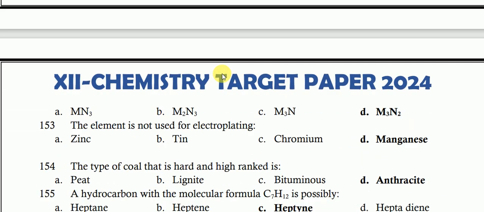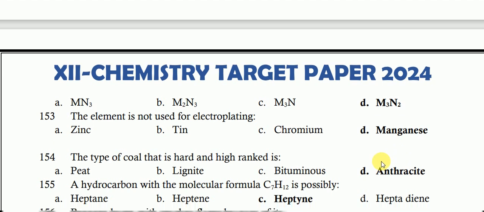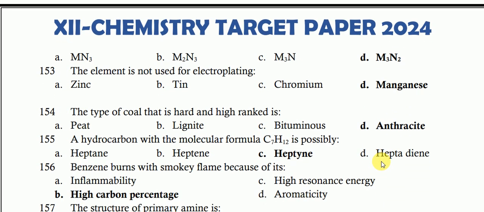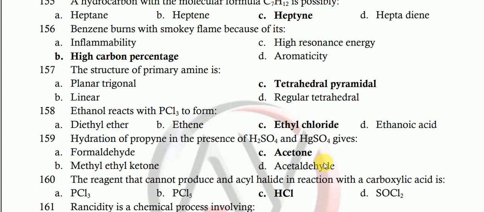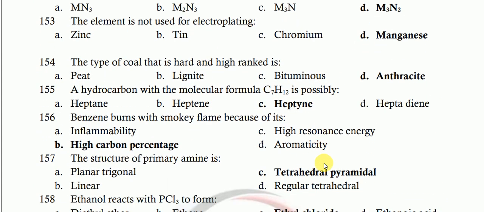And the element not used for electroplating is manganese. A hydrocarbon with the molecular formula of C7H12 is possibly heptyne. It cannot be heptane, it cannot be heptene, it will be heptyne. You can draw it as a structure.